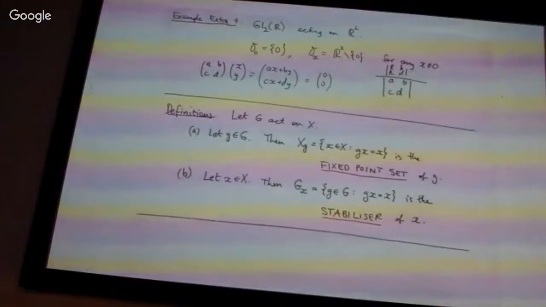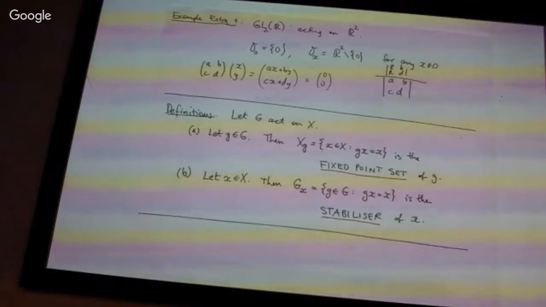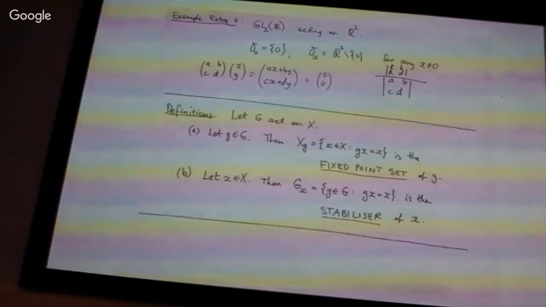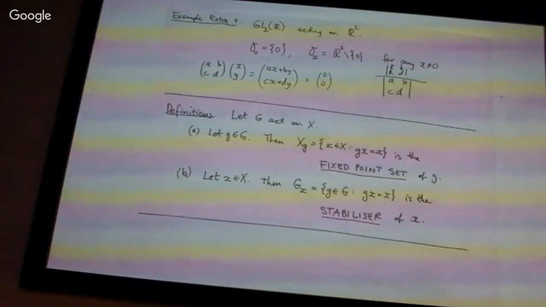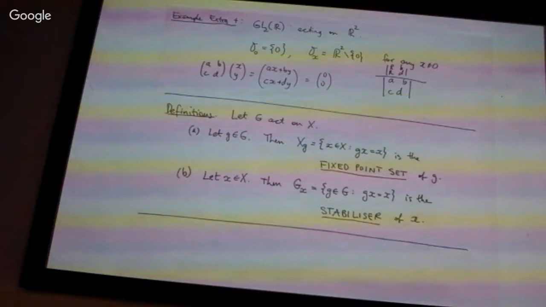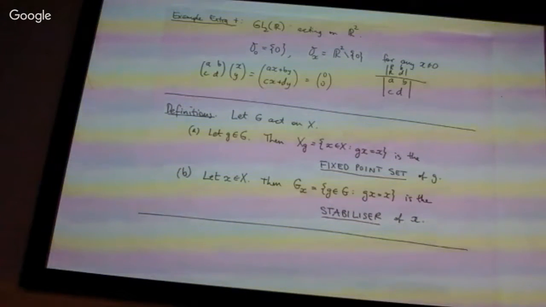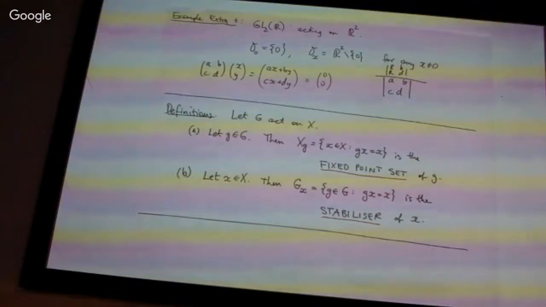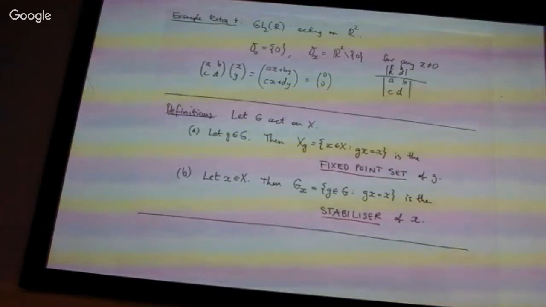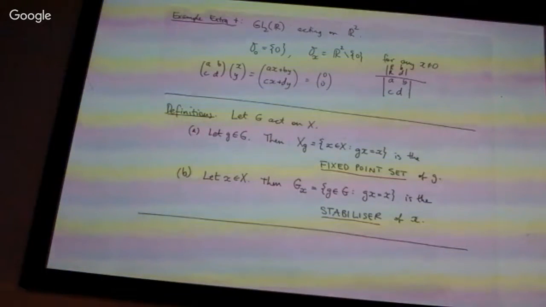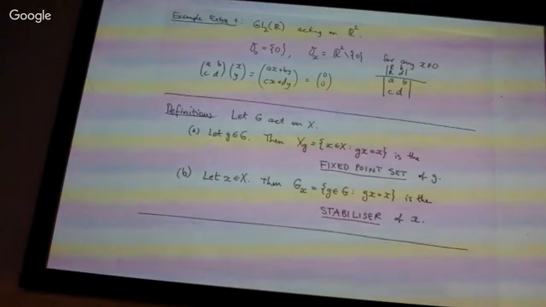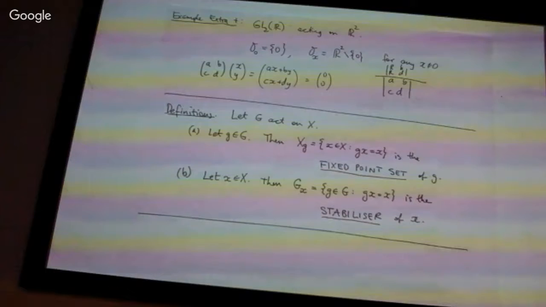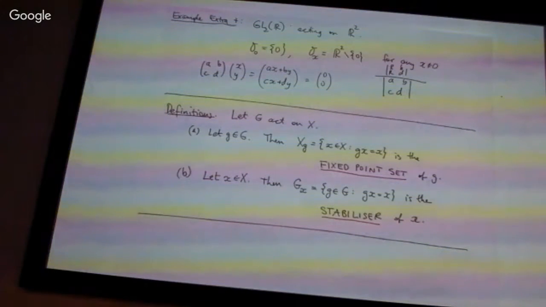And finally, what's the stabilizer? Well, similar, right? So 0 is stabilized by everything, and for the other ones... But there will often be more.